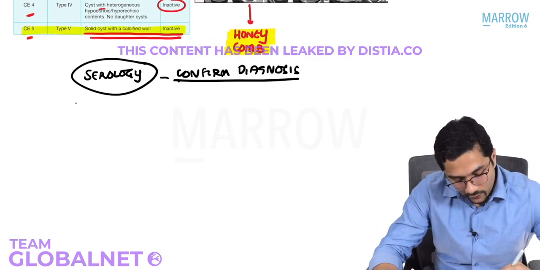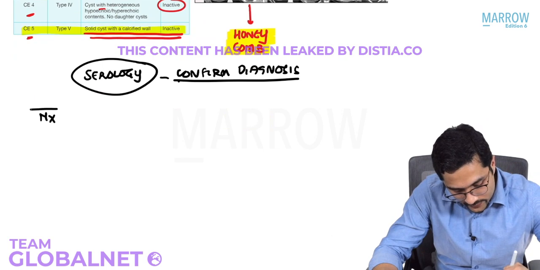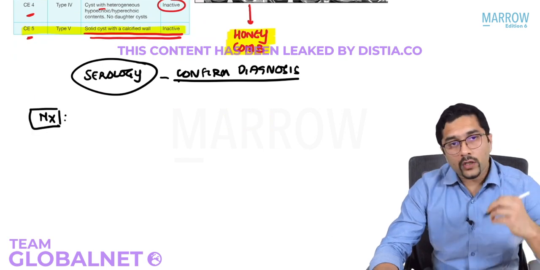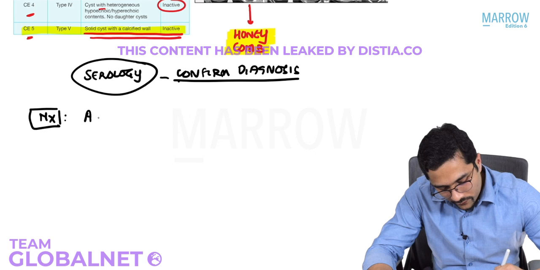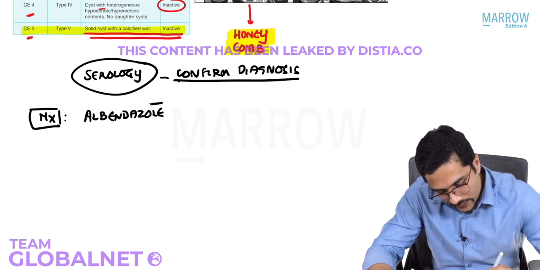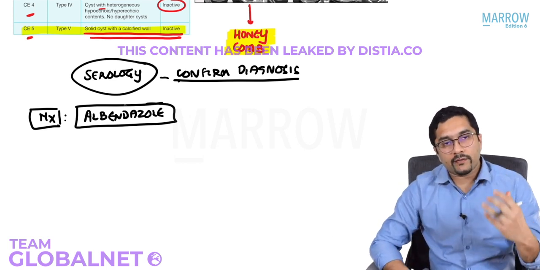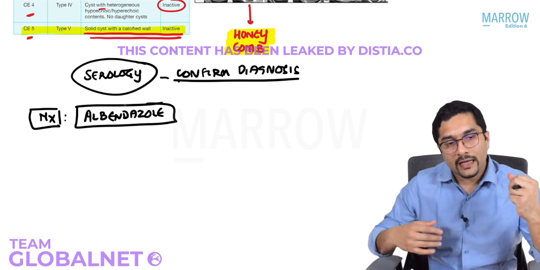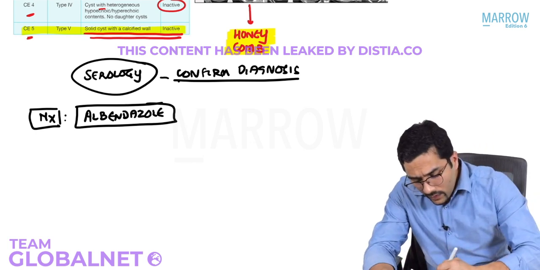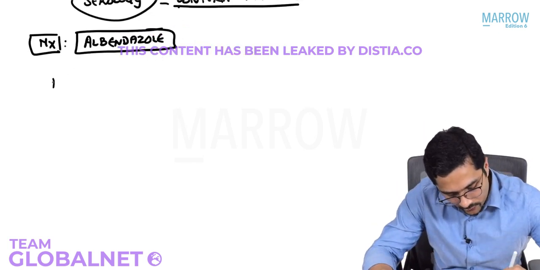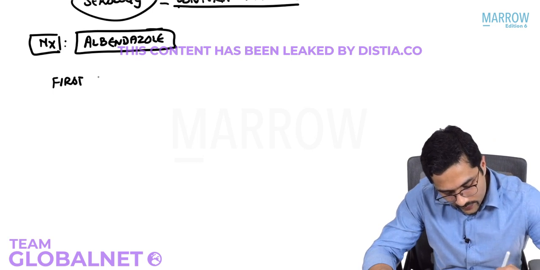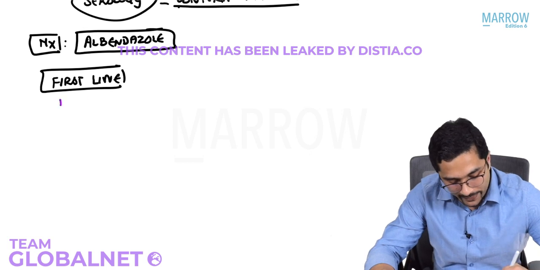The management of patients with hydatid disease of the liver. All the treatment is done under the cover of albendazole. So we will start the patient on albendazole for at least a week to 10 days before we do any intervention. All interventions will be done under the cover of albendazole. Now the first line of treatment for hydatid disease of the liver is now called PAIR.